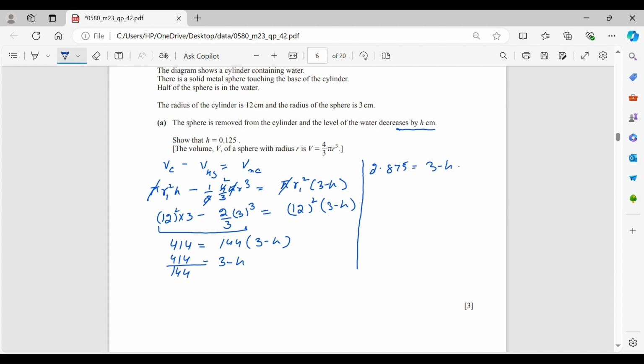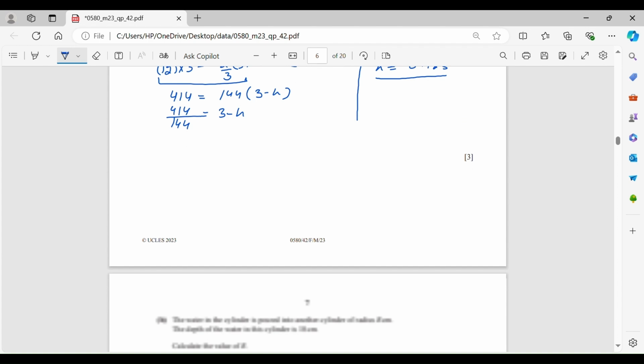Now h will be equal to 3 minus 2.875. So h is equal to 0.125. The water level is decreased by this height, right? Next, the new height of the cylinder will be this 2.875, right?